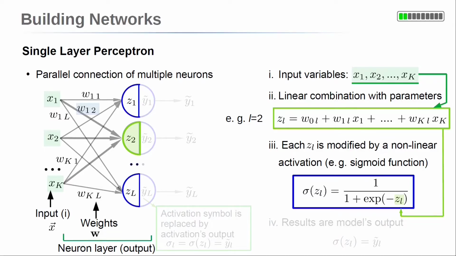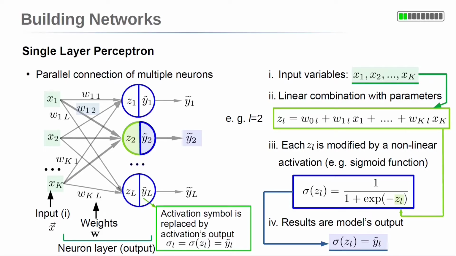Each sum, zl, is modified by a nonlinear activation function, for example, the sigmoid function. So the summation at the lth neuron, zl, is substituted into the activation function. The capital L results of the activation functions are the model's outputs y tilde l.